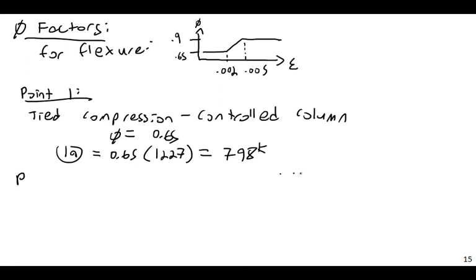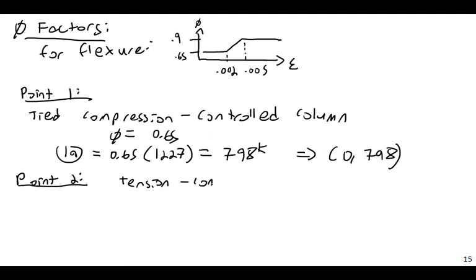Point 2a, and again, this basically becomes the point 0, 798. Point 2 is tension controlled. So here phi is going to be equal to 0.9.